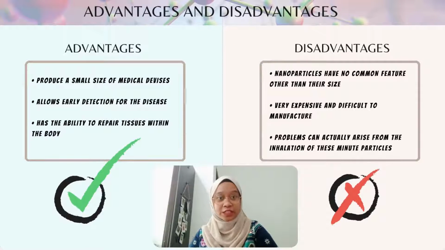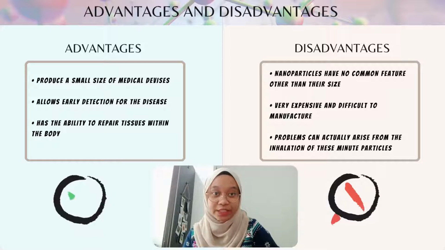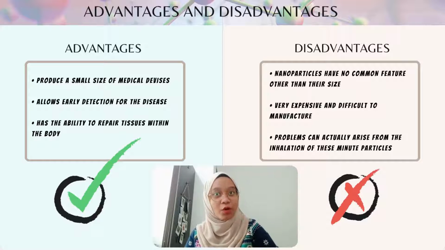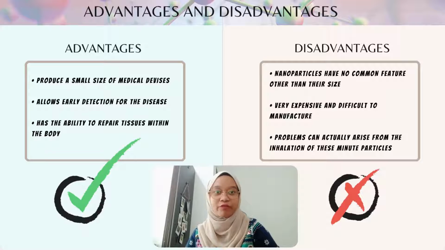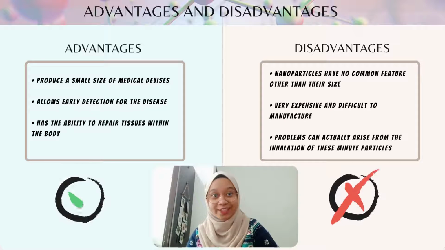In this part we will discuss the advantages and disadvantages of nanotechnology in medicine, or nanomedicine. Okay, the first advantage: from the word nano itself, it means small. So, nanomedicine produces small devices. It makes the treatment easier than using traditional devices which have a bigger size. So, it helps especially surgeons to control those devices inside the patient's body.